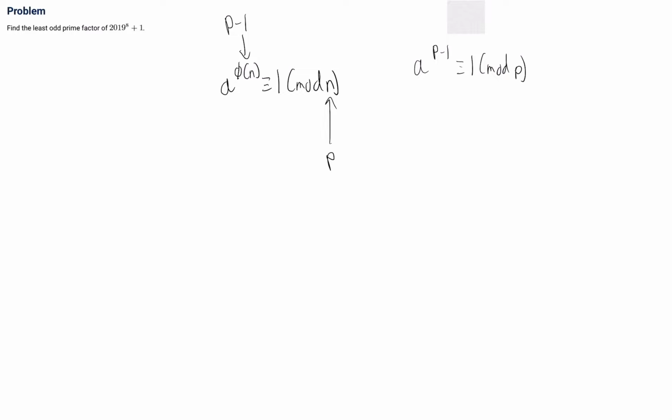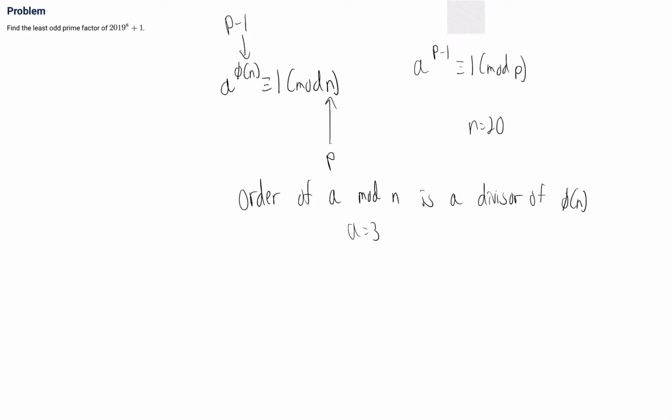We know this, so let's see how this can be applied to order. It is known that the order of a mod n is a divisor of phi of n. Let's see an example. Let's say n is 20, and a is 3.